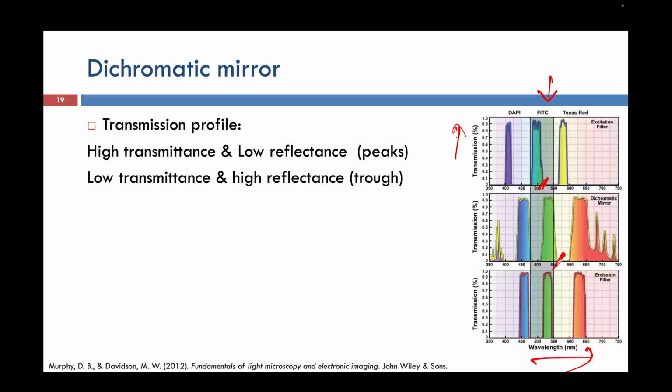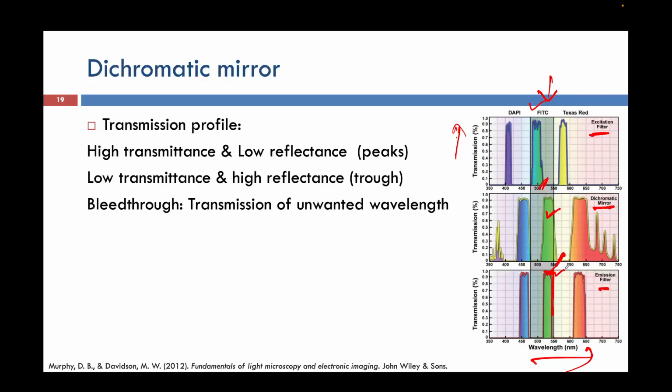So this is the excitation filter which is allowing the lower wavelength, then the dichromatic mirror is reflecting this greenish color wavelength, and then the emission filter is completely blocking them and transmitting through. And for the green color, you can see the transmission is quite high for the emission filter. Okay, that is the role of the dichromatic mirror.